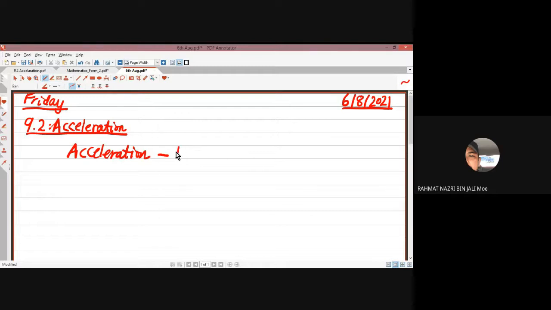Acceleration is the increase in speed. And then we have the second one, deceleration. The decrease in speed.